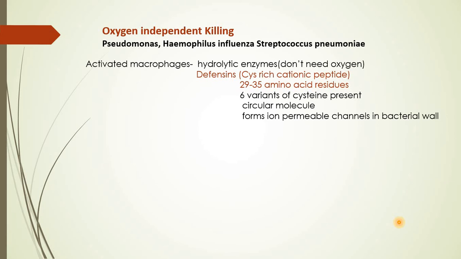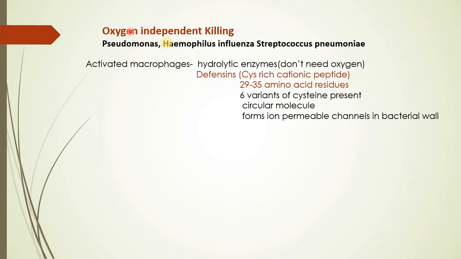Now let us discuss the oxygen independent killing by macrophages. The best examples affected by oxygen independent killing are organisms like Pseudomonas, Haemophilus influenzae and Streptococcus pneumoniae. Here once again, the activated macrophages contain hydrolytic enzymes, and these hydrolytic enzymes can act irrespective of the presence or absence of oxygen.